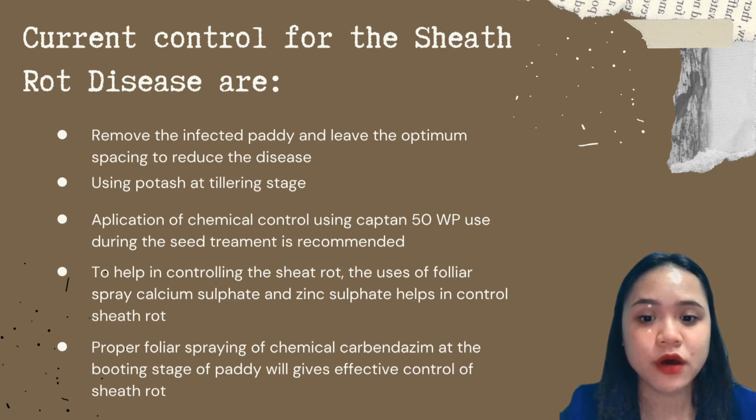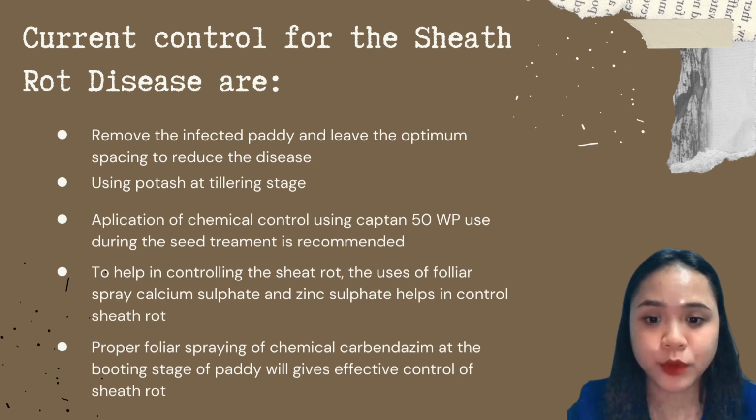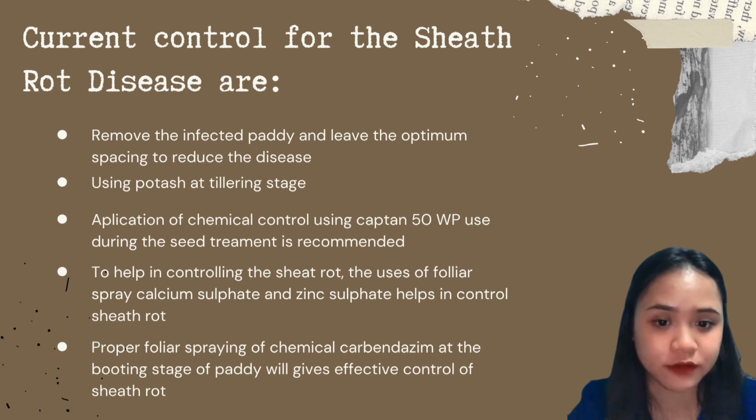Chemical control such as Captan 50 WP is also recommended during the treatment. To help in controlling Sheath Rot, foliar spray of calcium sulfate and zinc sulfate also helps. Lastly, proper foliar spraying of the chemical carbendazim at the budding stage of paddy will also give effective control of Sheath Rot.